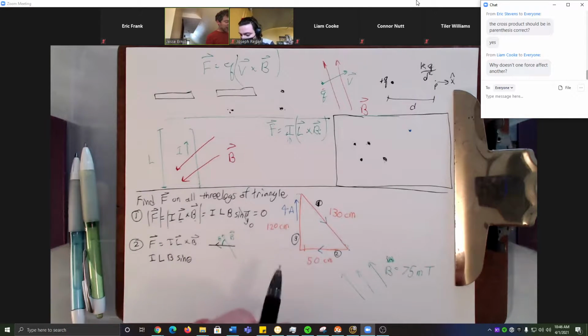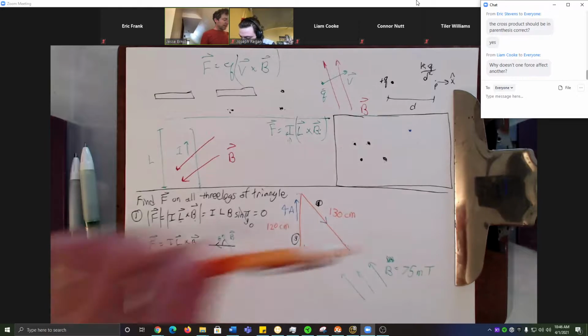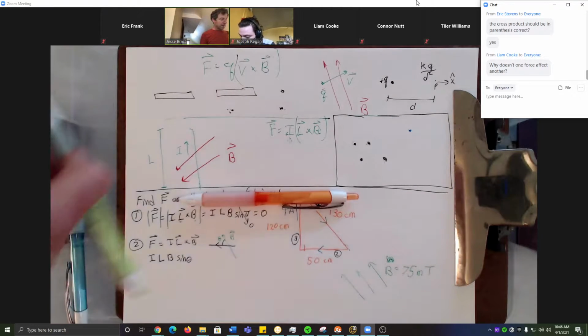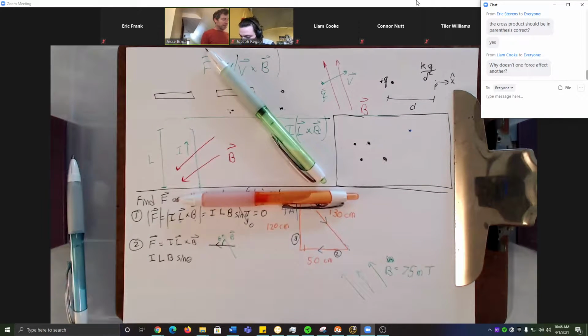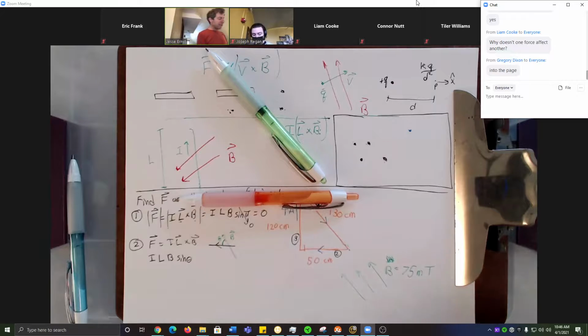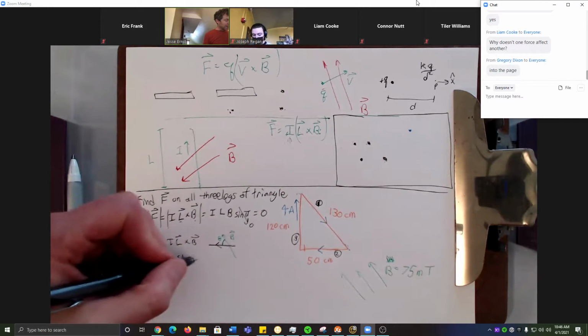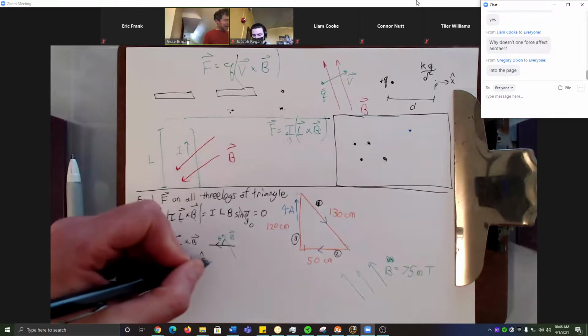Okay, and take a minute and do the right-hand rule and figure out the direction of I L cross B. So do it on your own. L goes this way, B goes that way. So do L cross B. Right, so it's into the page. Good, Greg. All right, so it's going to be this amount, and it's going to be in hat.